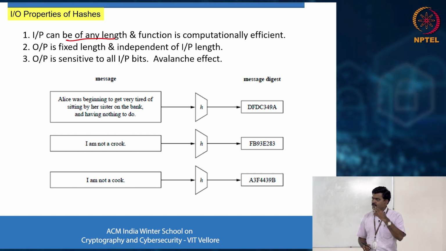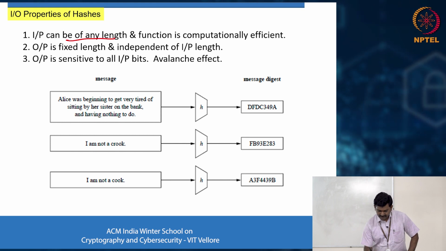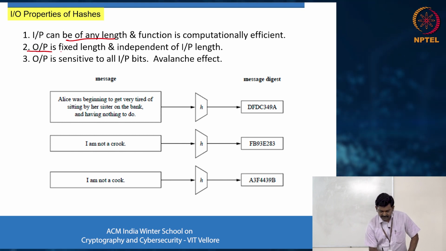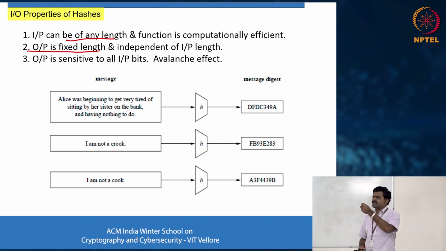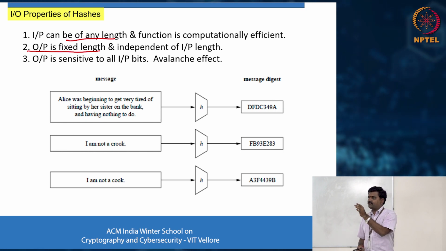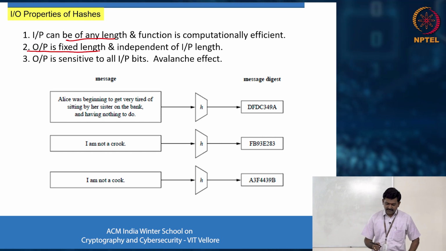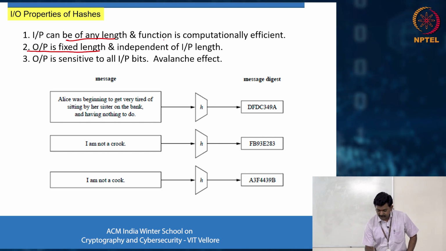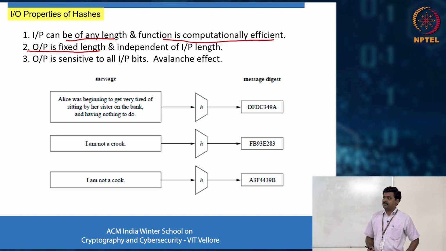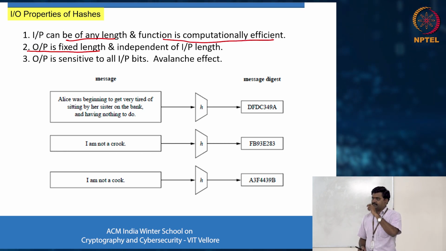There is no restriction, but the output is fixed length. If I say my digest should be 512 bits, then irrespective of the length of the message, the digest should always be fixed. And first of all, such a function should be computationally efficient. I should be able to compute the digest.